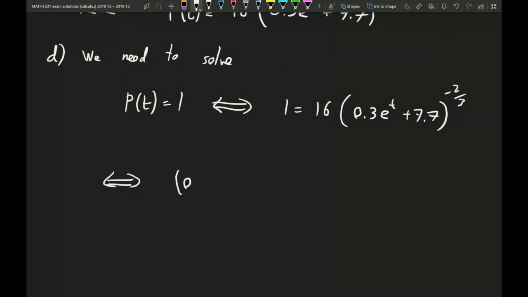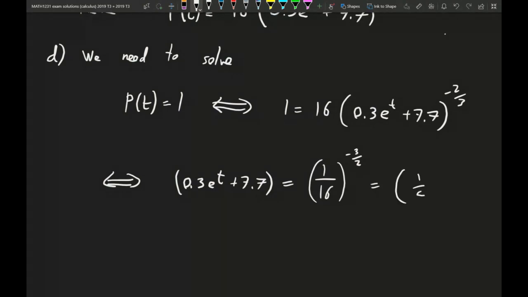So I need 0.3 e to the t plus 7.7 has to be equal to 1 over 16 to the power of minus 3 halves.